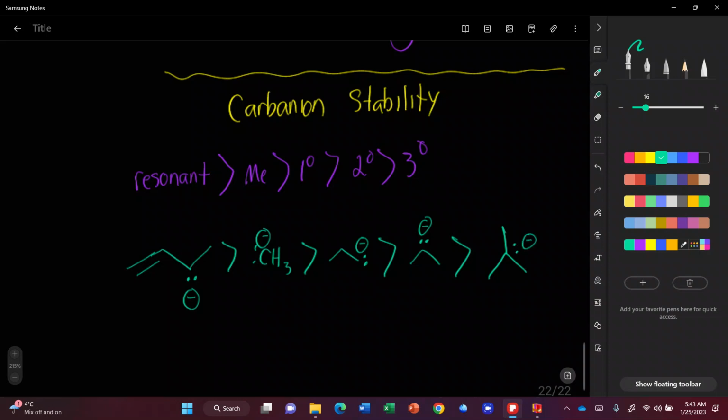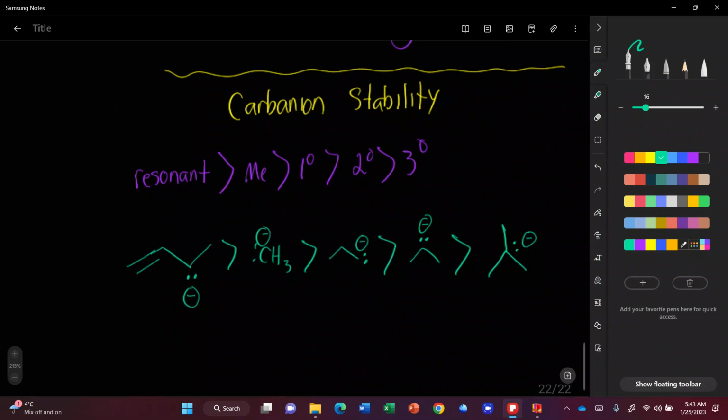Okay? Alright? And again, the reason why these are getting increasingly more unstable is because of hyperconjugation, which is not good. It's good in the sense of cations. It's bad in the sense of anions. But this one is not hyperconjugation, it's actual conjugation, which means that negative charge can be delocalized.